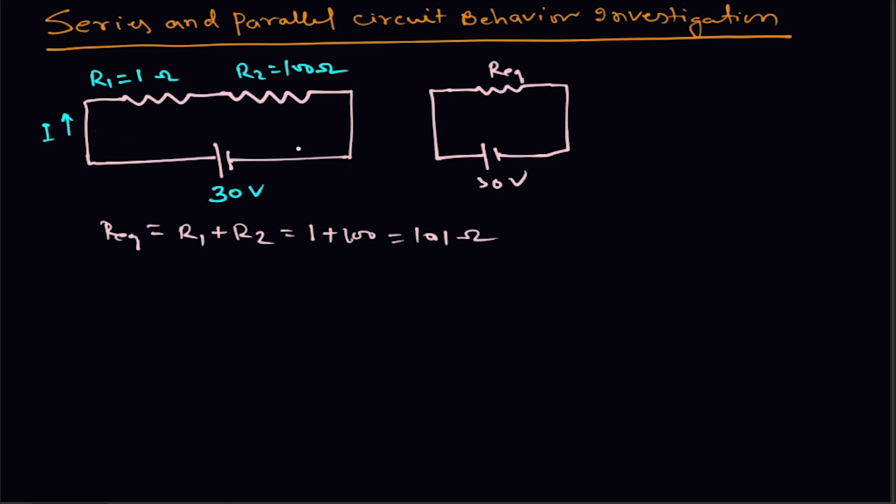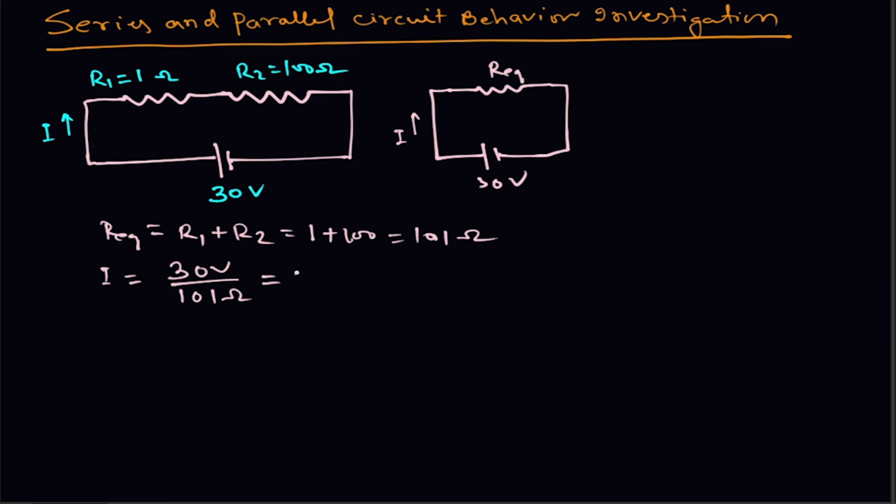Now let us find the current that will flow in this circuit. This current is the same in the equivalent circuit. So I is 30 divided by Req. I is equal to 30 volt divided by Req. Req is 101 ohm. That is equal to how much? Let us calculate.